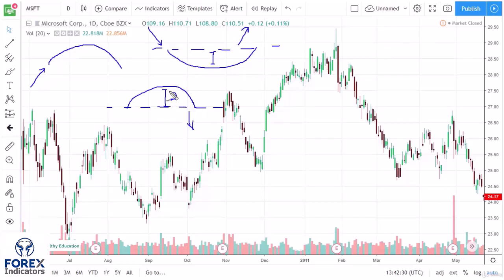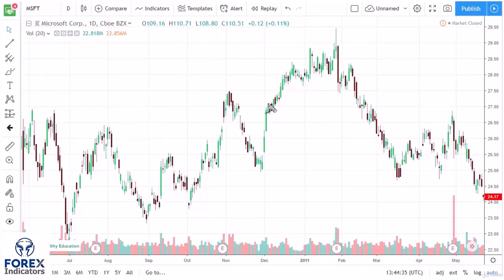So for example, if this was $2 tall, once we break through this level, you're aiming for another $2. Your stop loss goes about halfway into the pattern, quite frankly, because if you get a breakdown and then you break back up into it, then it's not really sticking and it's just more kind of back and forth.